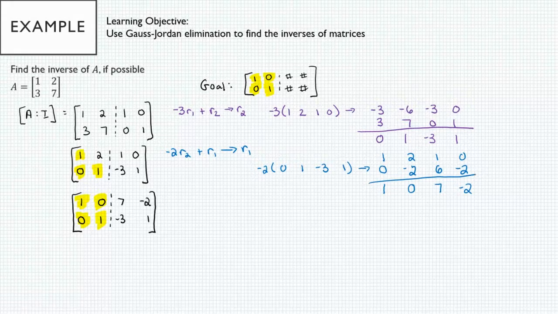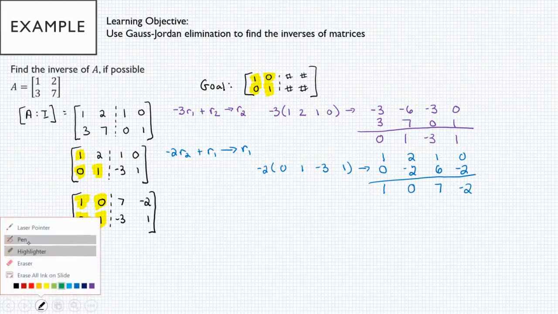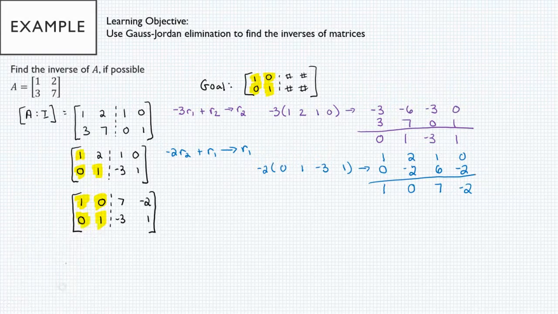And if you can get to the identity matrix on the left, that means you have found the inverse. That means there is an inverse. So we have the identity on the left, which means that the matrix after that is the inverse. So the inverse of A, which is A to the -1 power as our symbol, would be the matrix 7, -2, -3, 1.